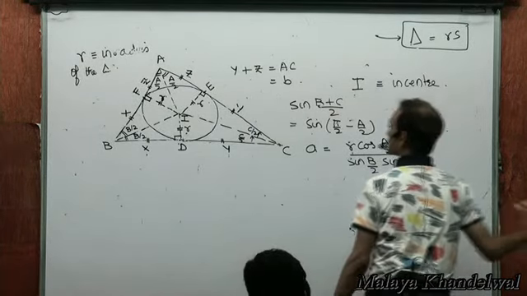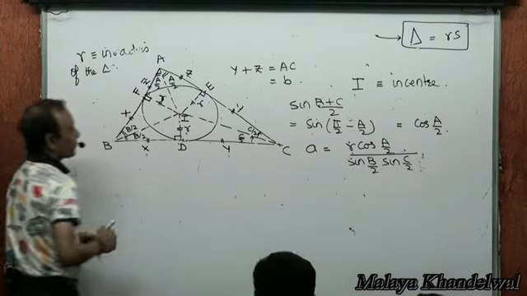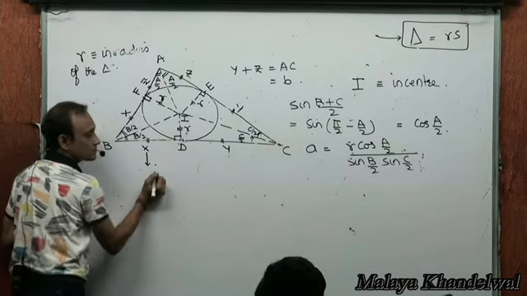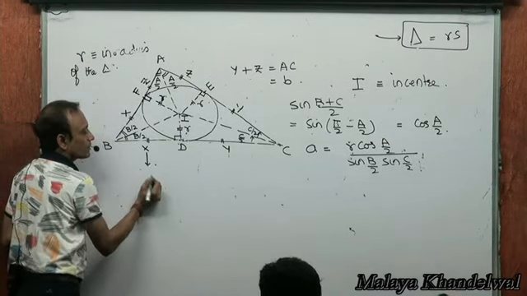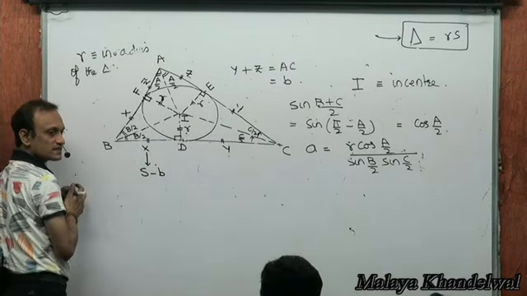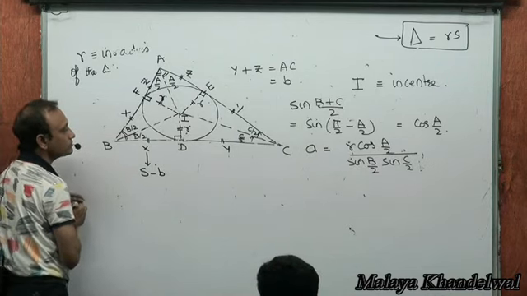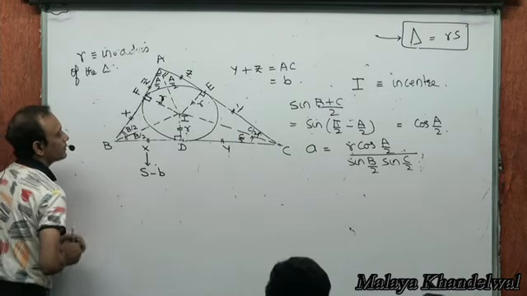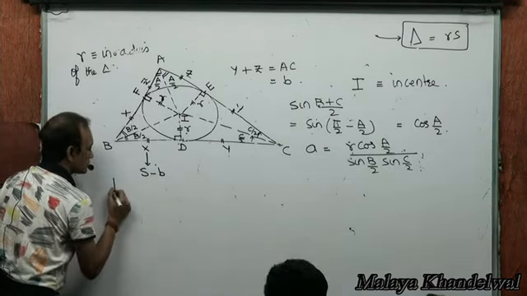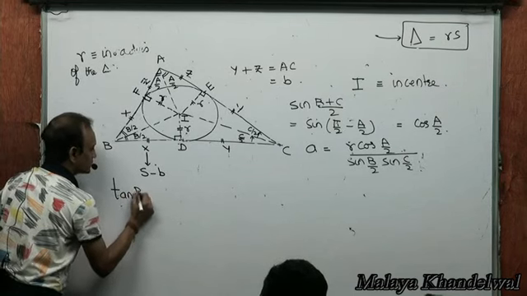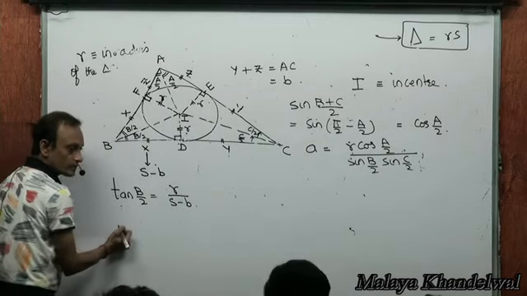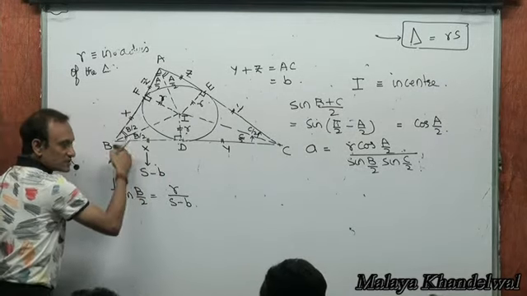Also notice this x was s minus b. And tan B by 2 is r by s minus b.